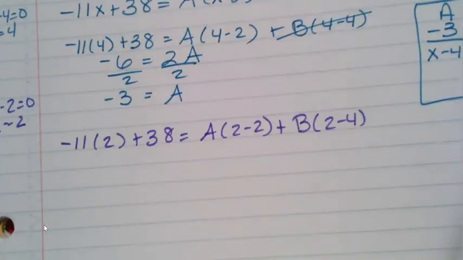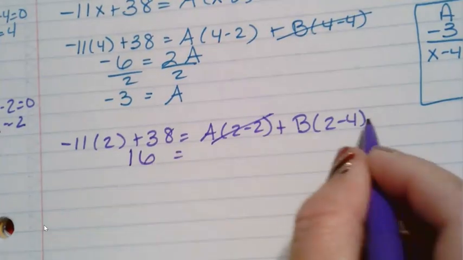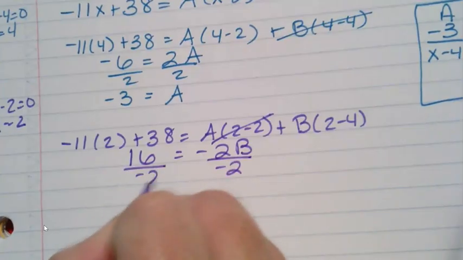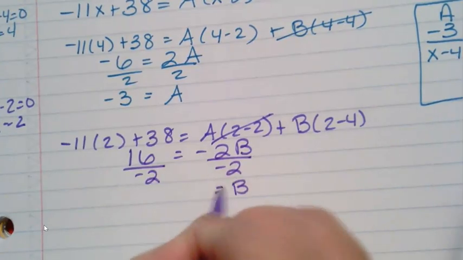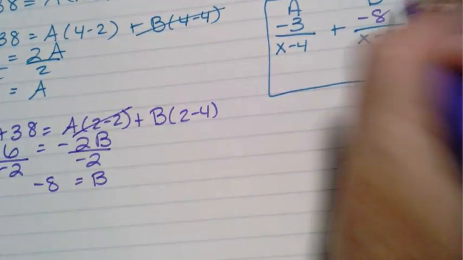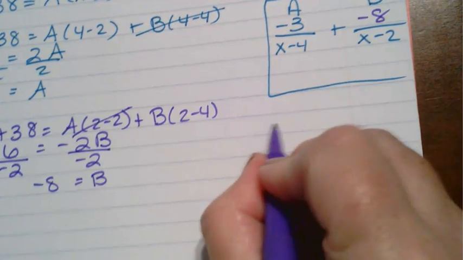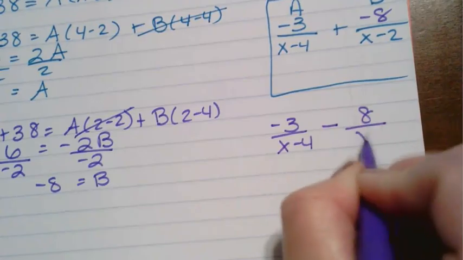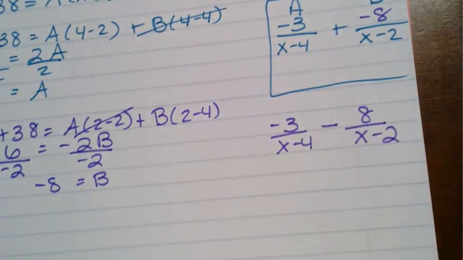This cancels here, so this is going to give me 16 equals negative 2B. Divide by negative 2, and B equals negative 8. So remember, you can write it like that, or write it as negative 3 over x minus 4 minus 8 over x minus 2. That is that for this part.